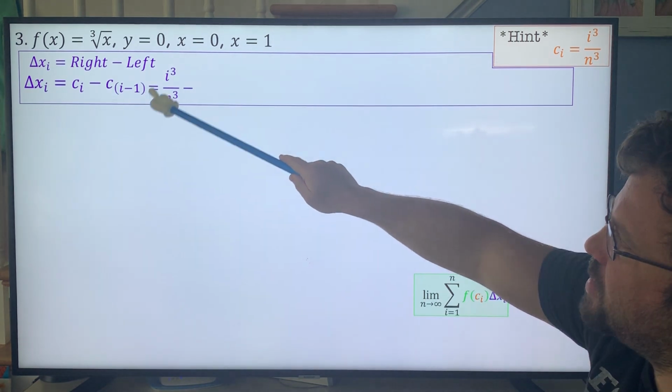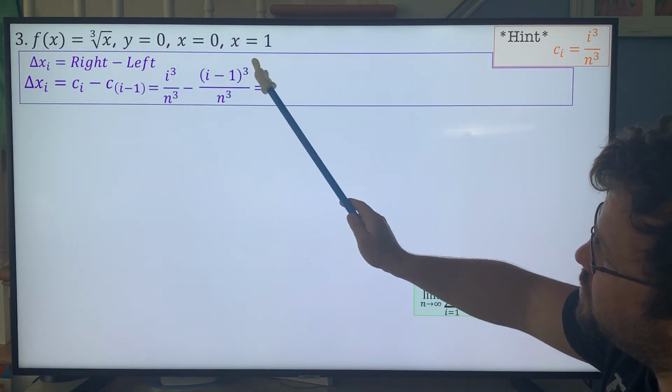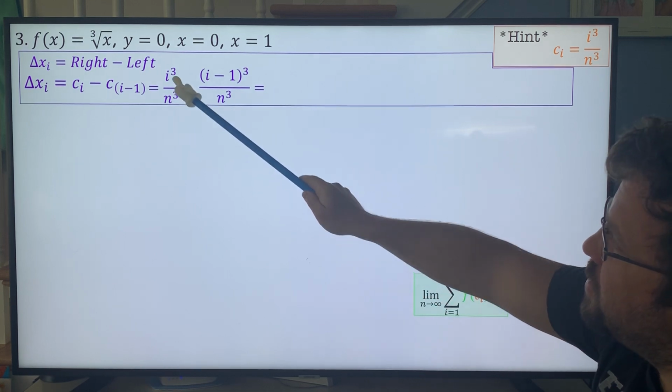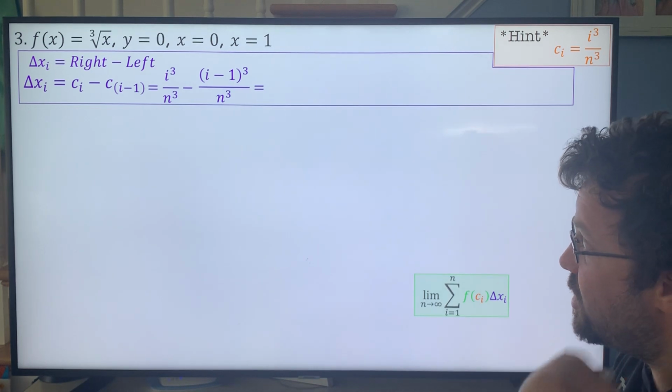C_i minus 1, i cubed, n cubed, (i minus 1) cubed, n cubed. When you expand this, it's (i minus 1) times (i minus 1) times (i minus 1).